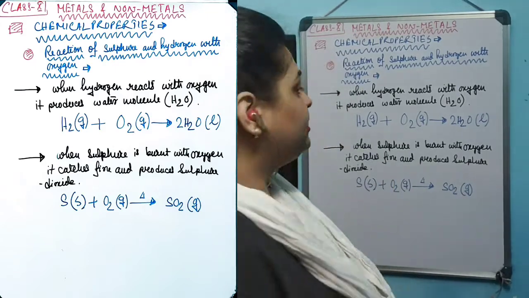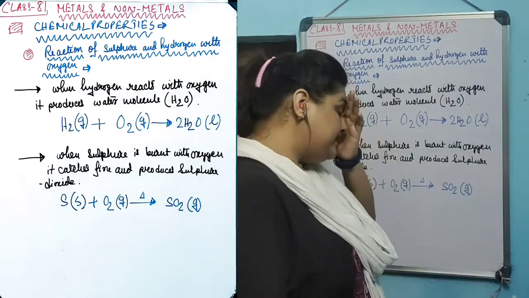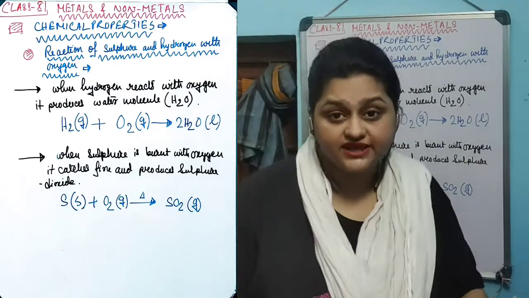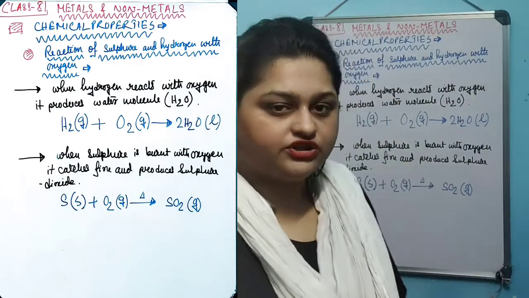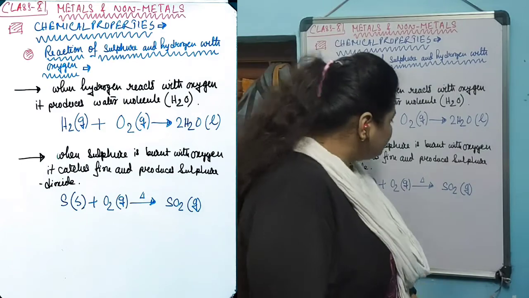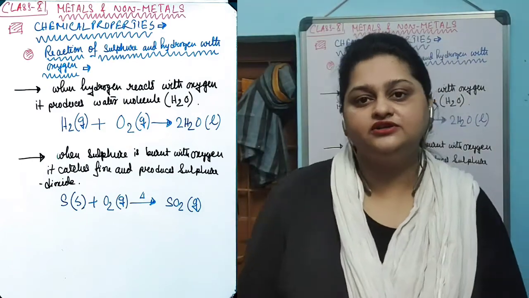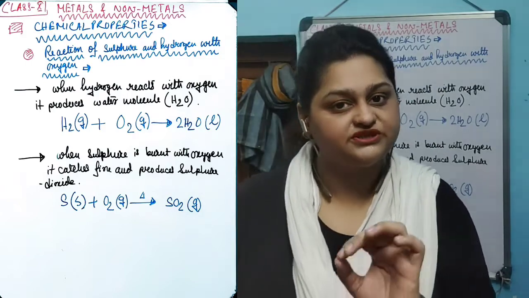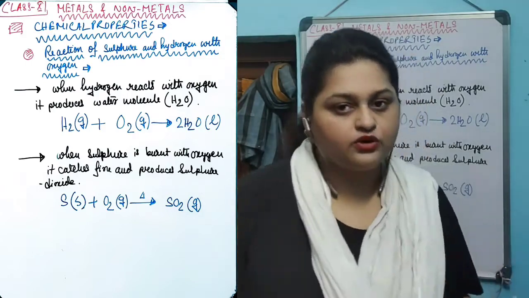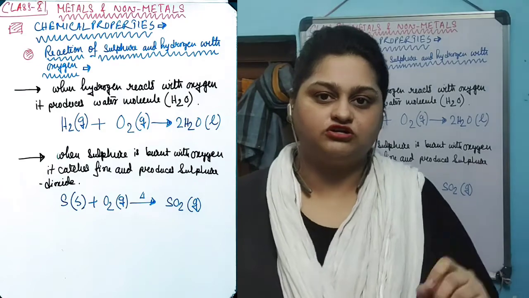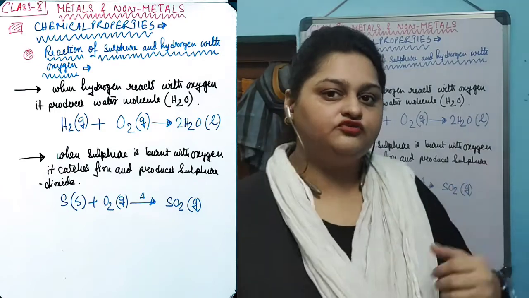The second thing you need to notice is that all of them are reacting with oxygen, which in itself is a nonmetal. So the examples we are studying are reactions of nonmetals with another nonmetal, specifically oxygen, producing compounds known as the oxides of the respective nonmetals.